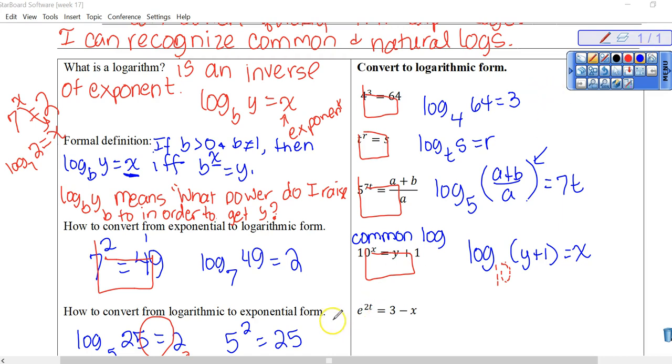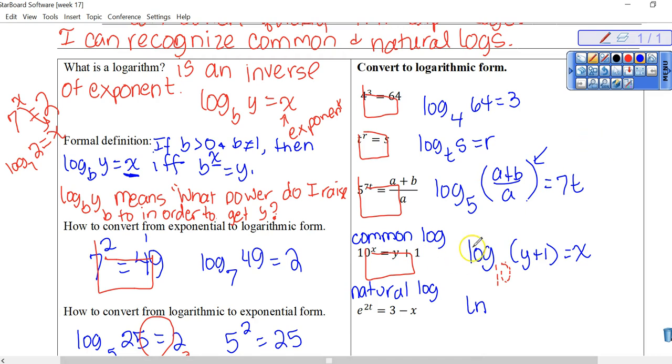This last one here, this one is base E. Base E is the natural log. So with the natural log, we don't write log at all. What do we write? Yeah, ln for log natural. Actually, I think it's some French term.